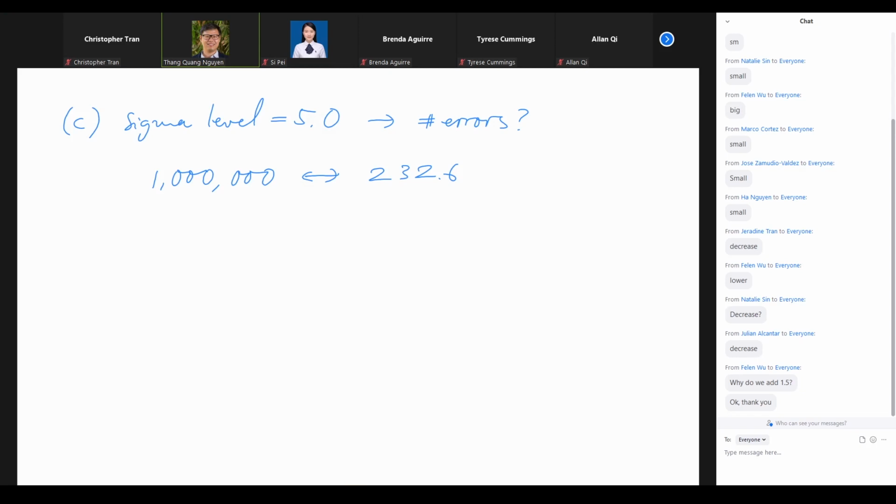We are lower earlier. But now we are at a higher level, 5.0, so the number of errors will be smaller than before. So out of 1 million, we expect to see 232.6 errors. So if we only have 1,406.25 opportunities, I'm sorry, I missed the word opportunities here, then how many errors do we expect to see?